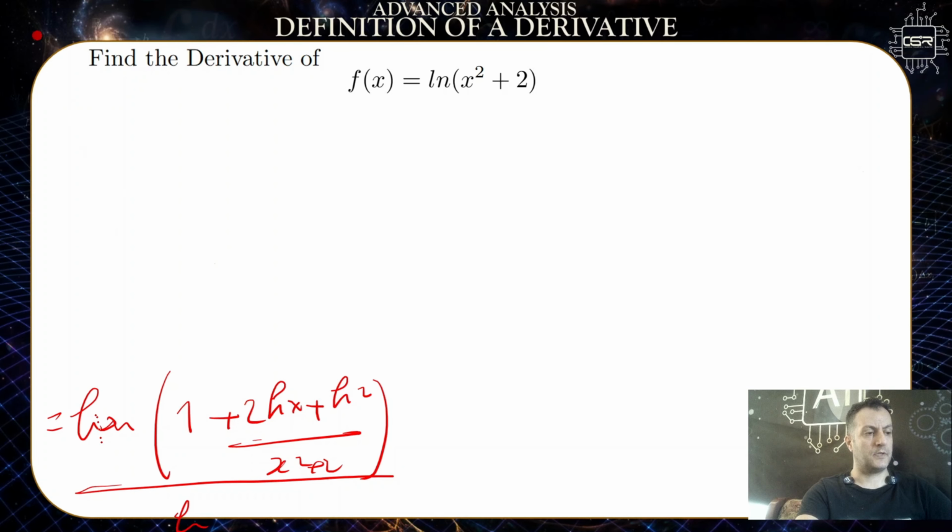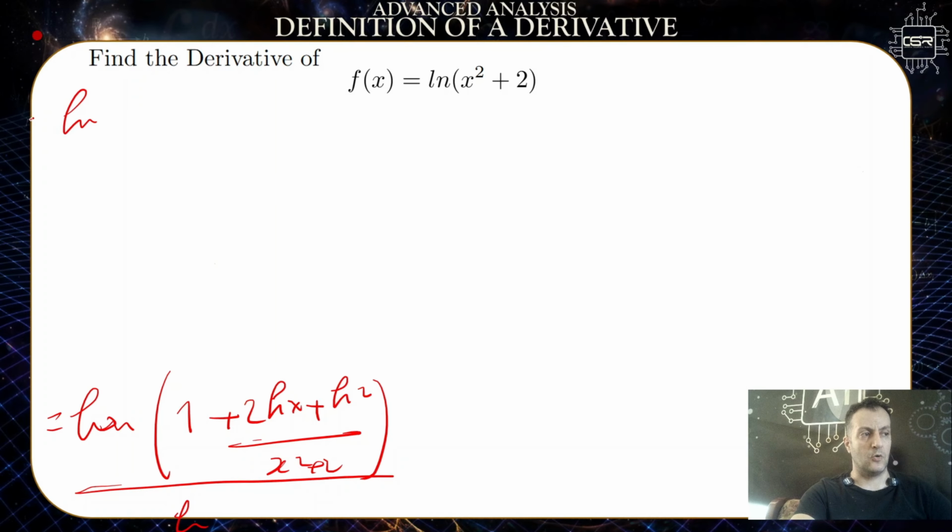Let's remove the h, or rather, let's rewrite it as ln. Of course, don't forget that it is the limit of all of that, but we don't want to repeat ourselves, so limit as h approaches 0, this notation, we will keep it to the end.